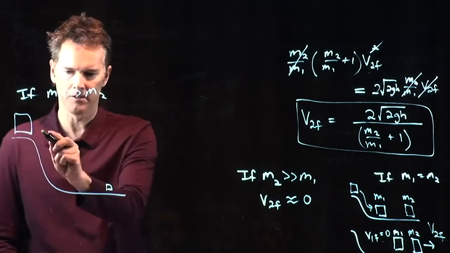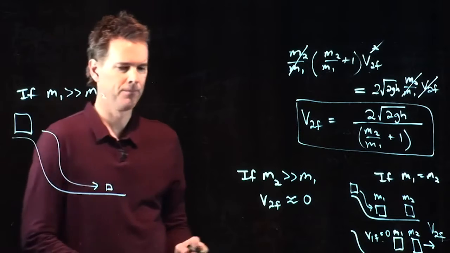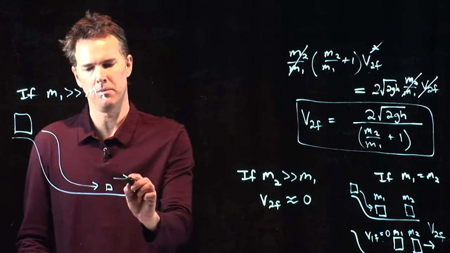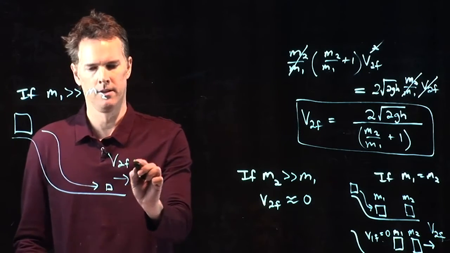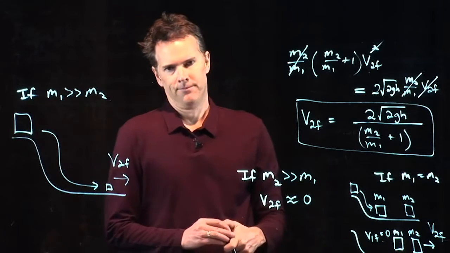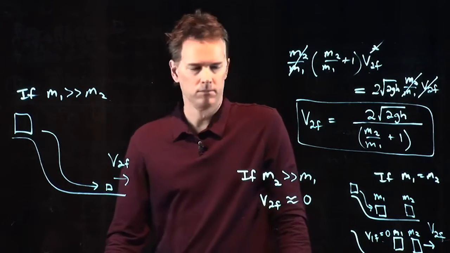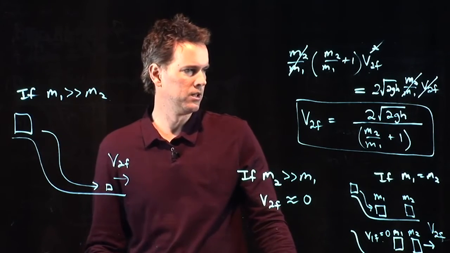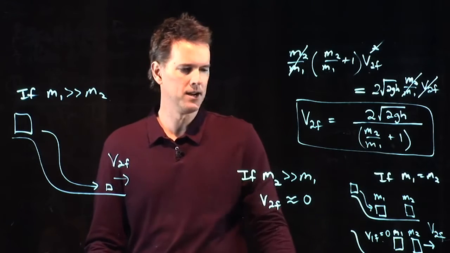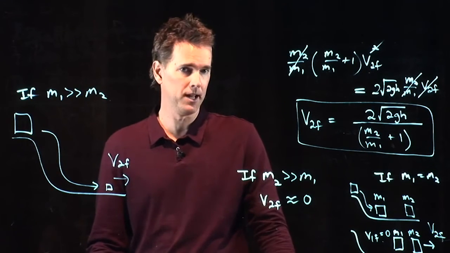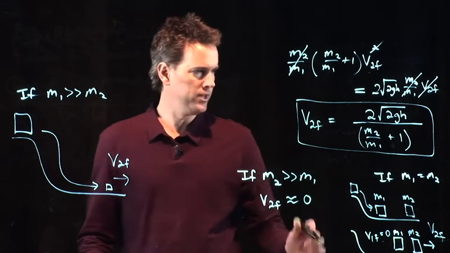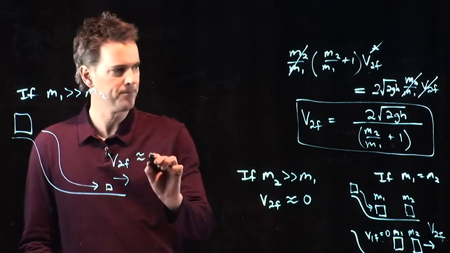And now when this thing slides down and hits it, how fast is this small block moving? Okay, well, let's look at the problem right here. If M1 is much bigger than M2, then V2F becomes what?